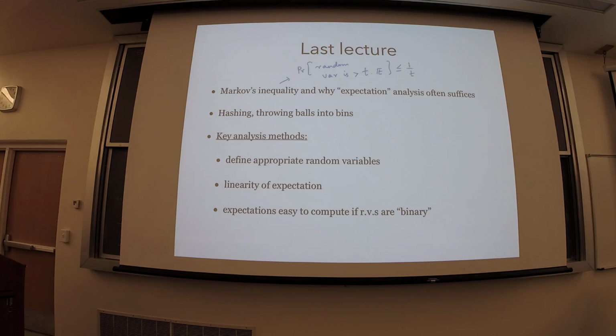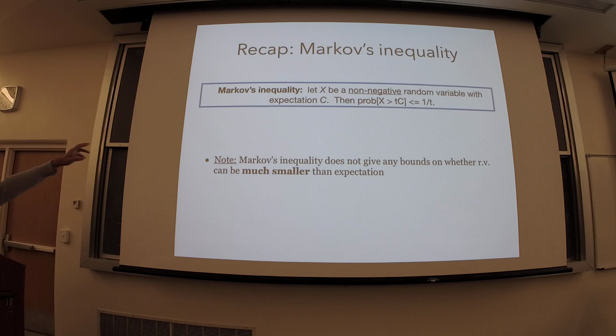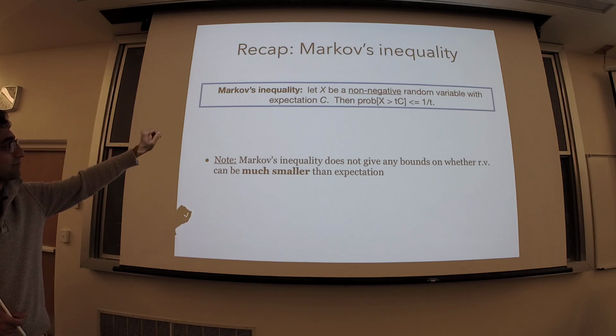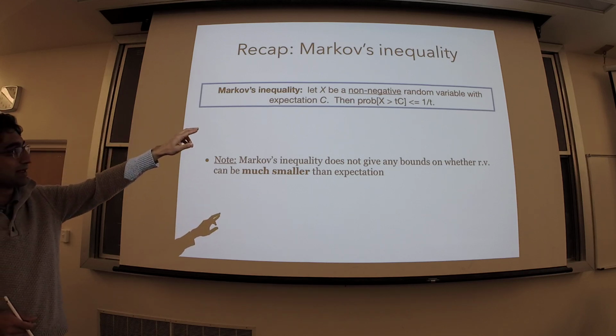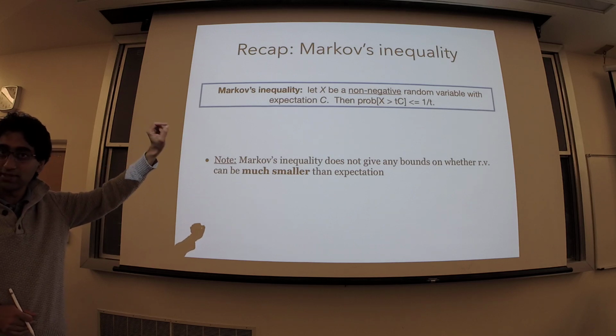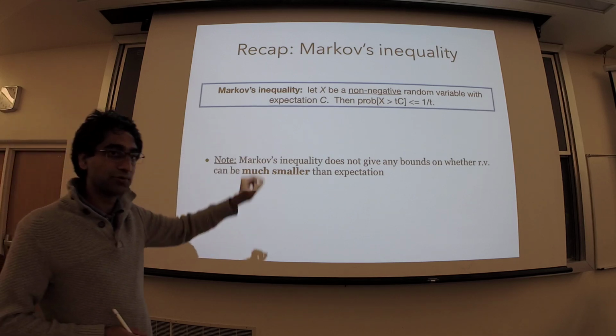I have it on the next slide, so this is short. So the probability that it's more than some number t times the expected value is at most 1 by t.